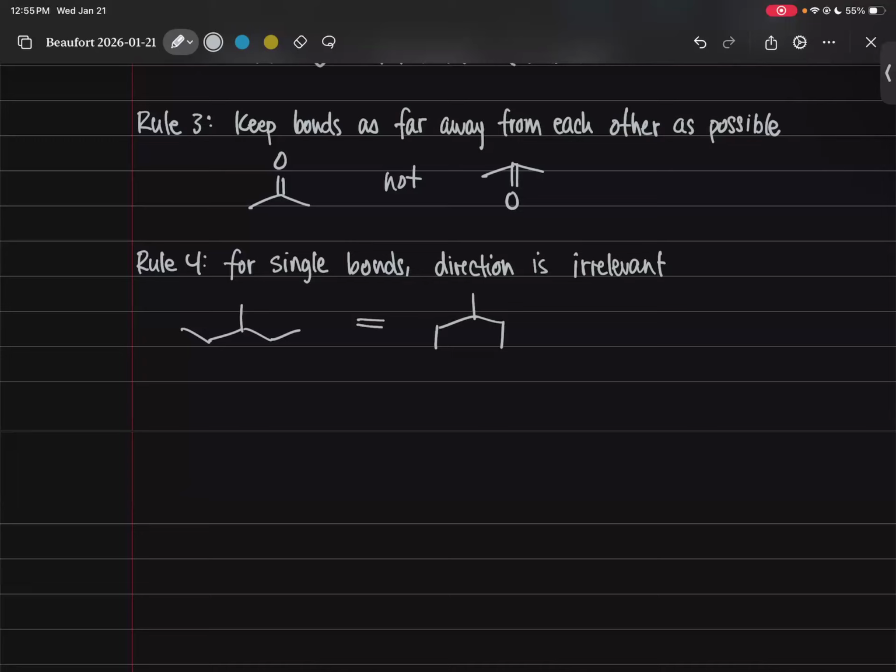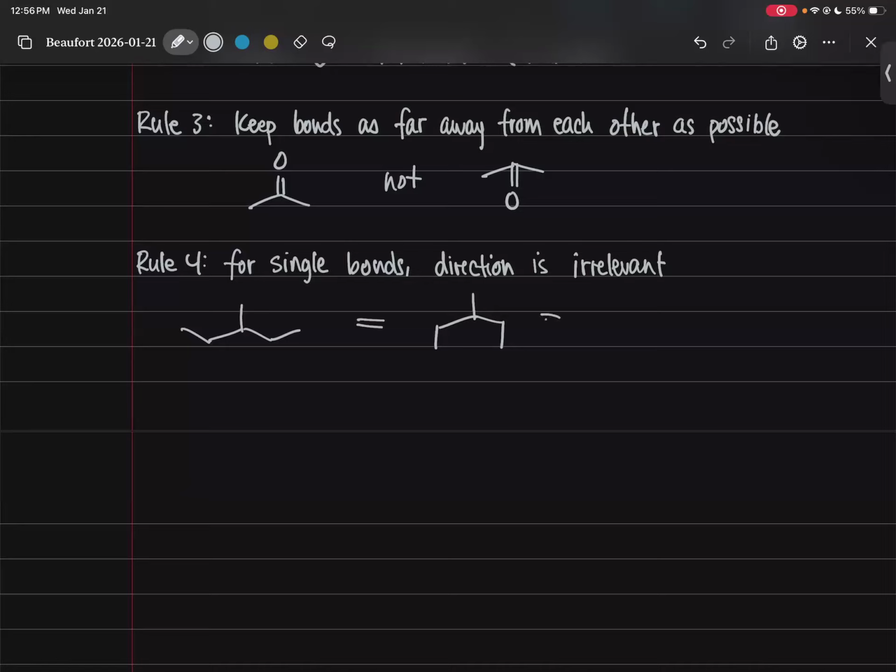Okay, so what I've done here is taken the two CH3 groups at the end, just bent them down. And although you might think that molecule looks different, it can rotate sort of freely around these single bonds. And so the direction that you draw them in, whether they're left, right, or down, doesn't make a difference.